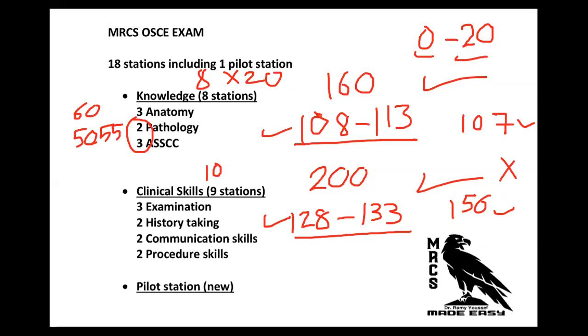In these stations, you have 100, and it's enough to get 50 to 55 from this. The same for the rest of the stations.